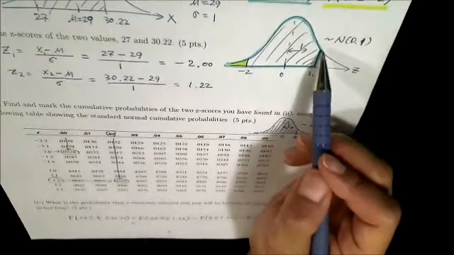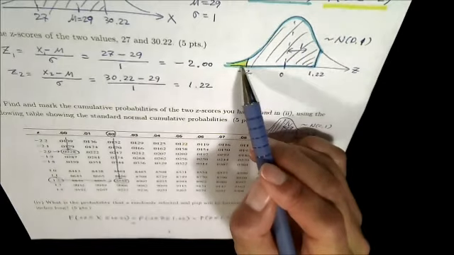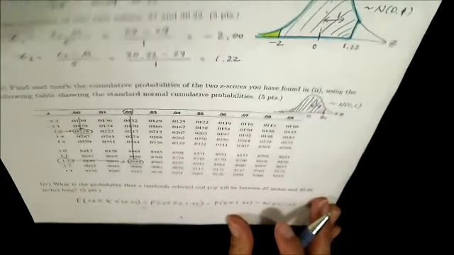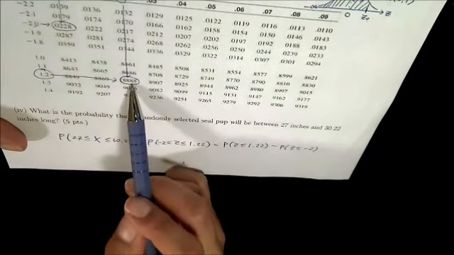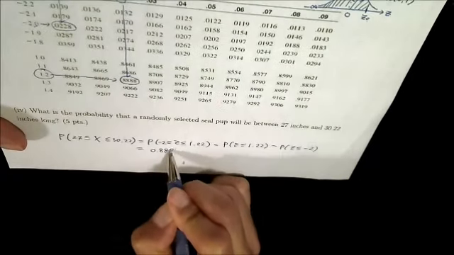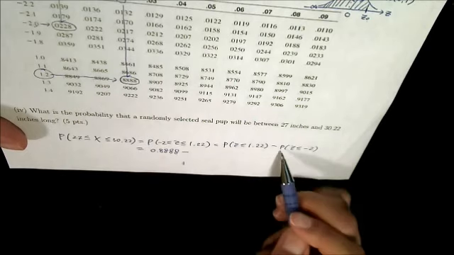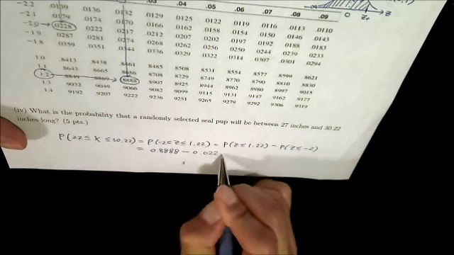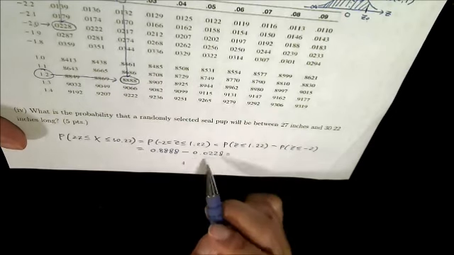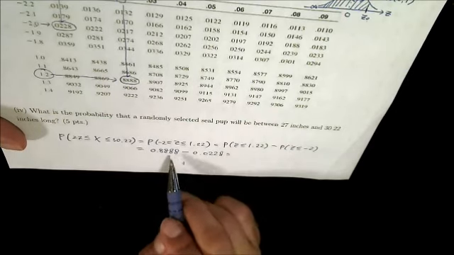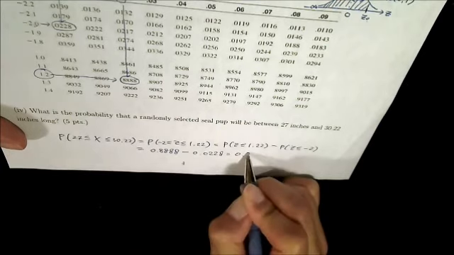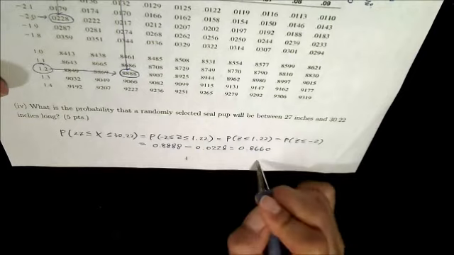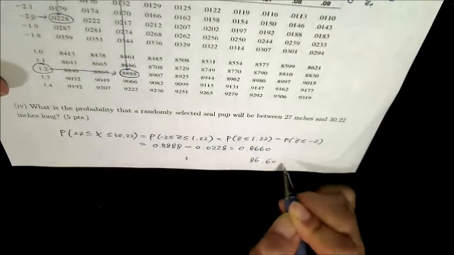As you see, this blue part is bigger than this small yellow part. The number is right here: 0.8888 minus P of z less than negative 2.00, which is 0.0228. If you subtract 0.0228 from 0.8888, you will have 0.8660. So you can leave it like this, or you can say this is 86.60%.